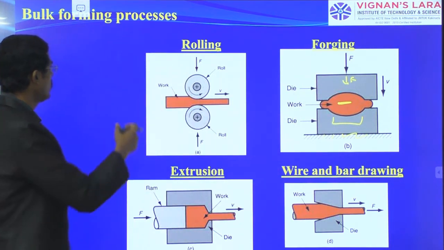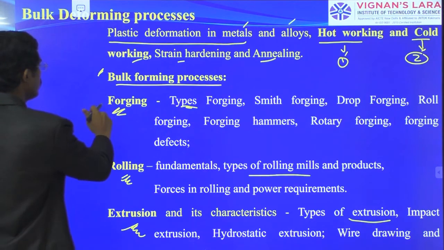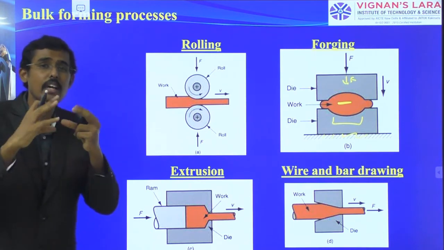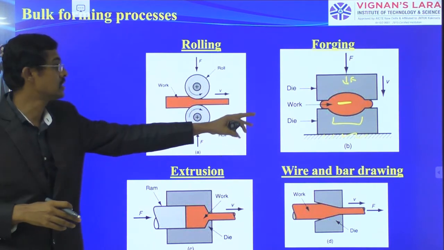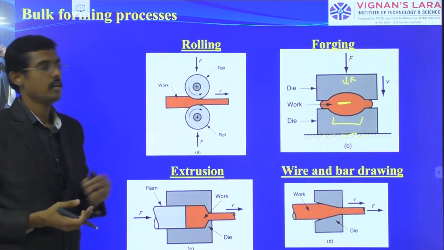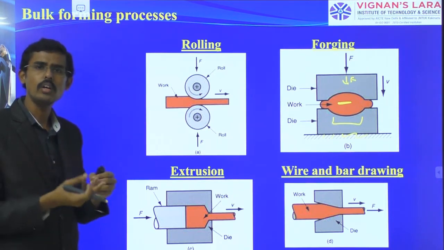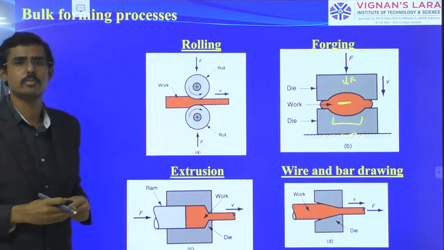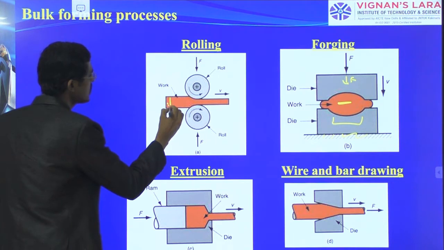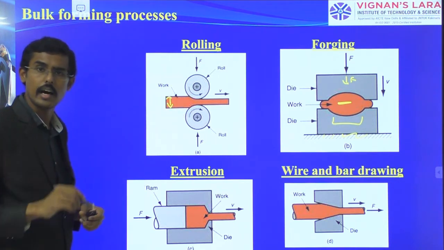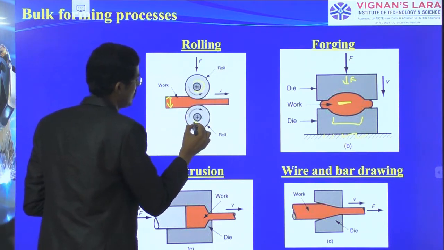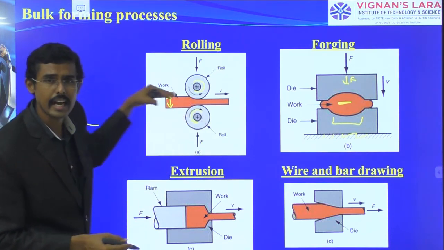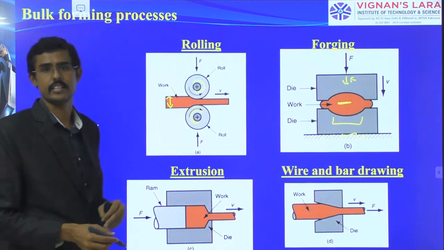In the next one, the rolling action, we want to reduce the thickness of the specimen. In forging the shape itself is changed, but here I want to lightly reduce the thickness of the specimen. Here I have a specimen of large thickness, and I have rollers, which drag the specimen forward in the other direction.